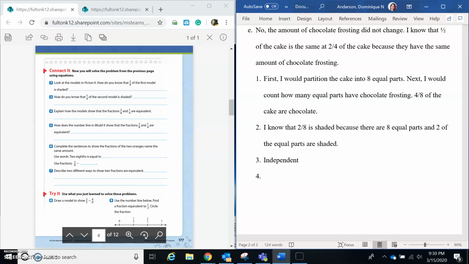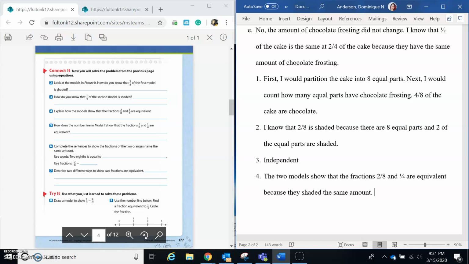Okay, so number 4, the 2 models show that the fractions 2/8 and 1/4 are equivalent because, like we said, they shaded in the same amount.